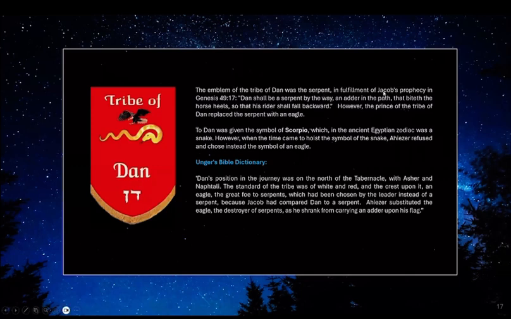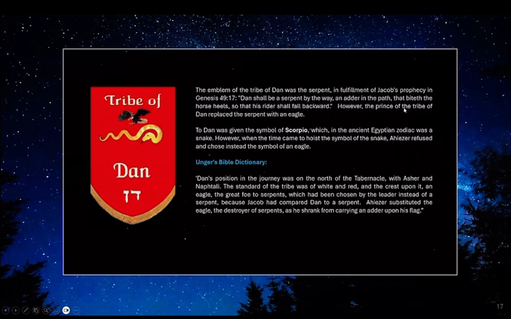In fulfillment of Jacob's prophecy in Genesis 49:17, which says, Dan shall be a serpent by the way, an adder in the path, that biteth the horse's heels, so that his rider shall fall backwards. Okay, so that's what Yahuwah said, or Moses said, and what Moses was shown about the tribe of Dan. Dan is a serpent. He's not an eagle, he's a serpent.